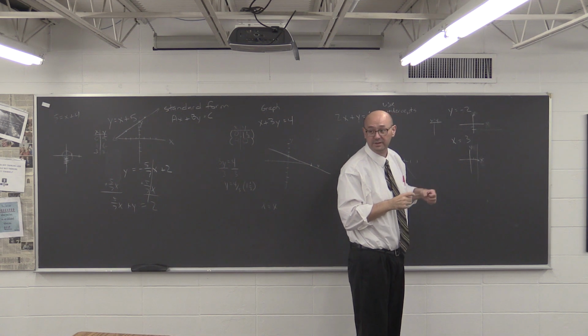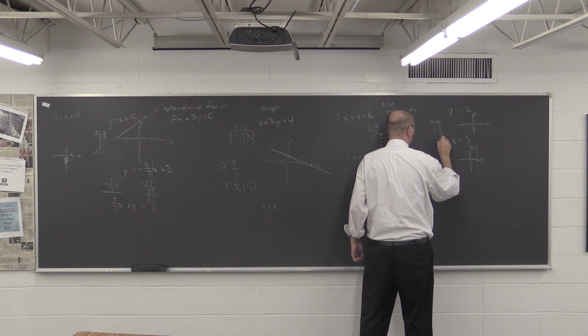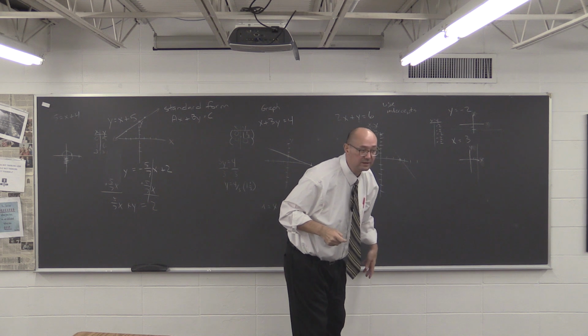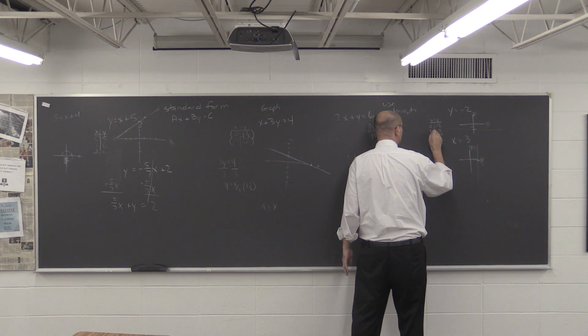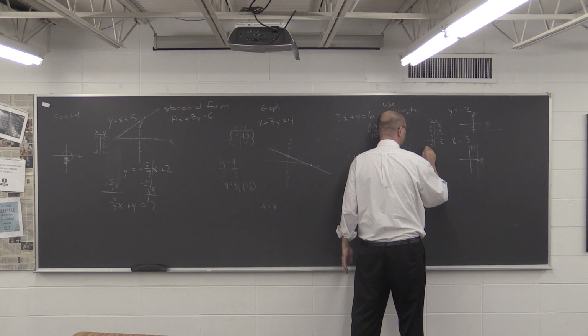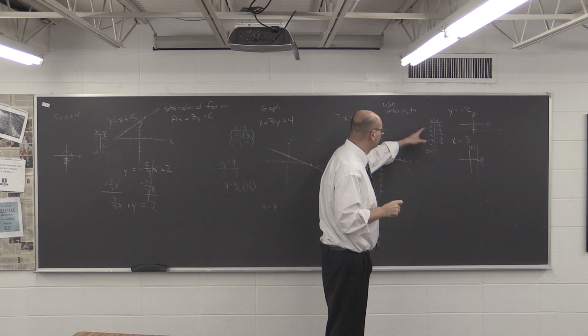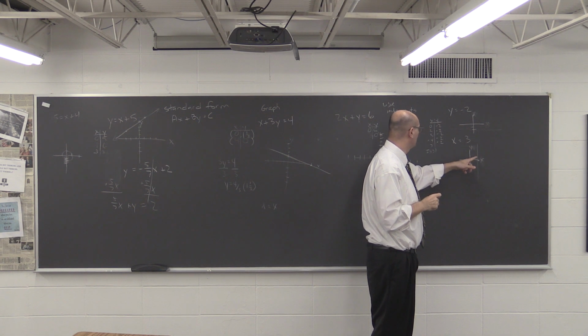Y is -2. Okay? Y is -2 a bazillion ways all the way down. If we let x equal 0, 2, 3, -4, 7, 587, it doesn't matter. Okay?